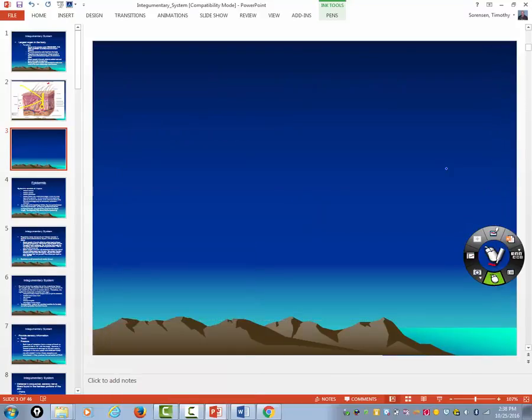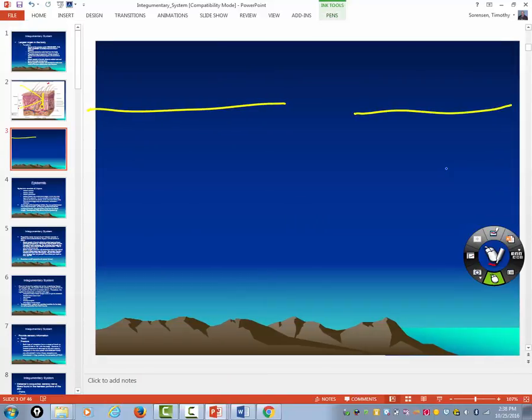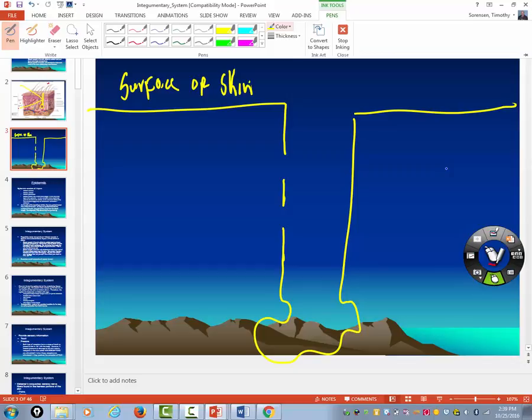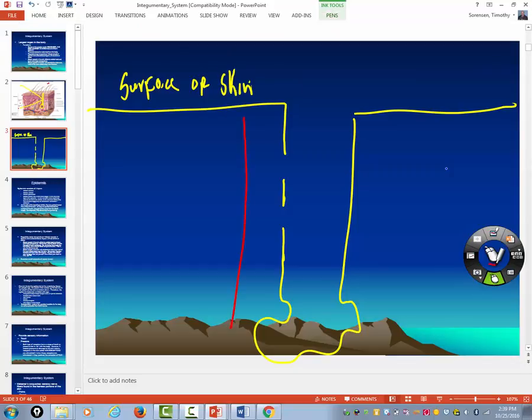So this is the surface of the skin. And then this is a sweat gland and a sweat duct. And then you have a blood vessel here.